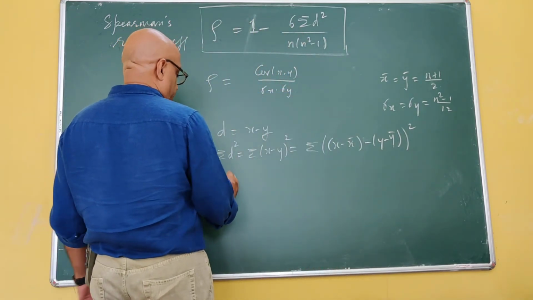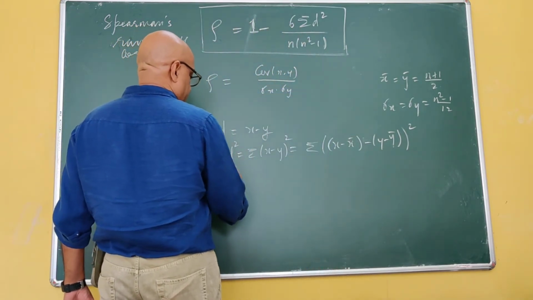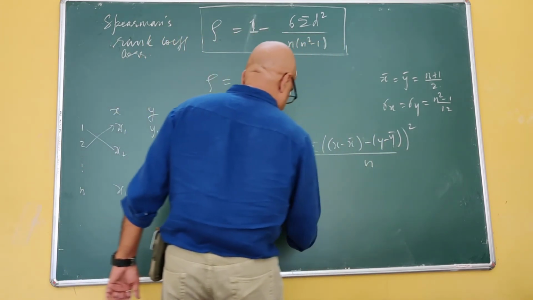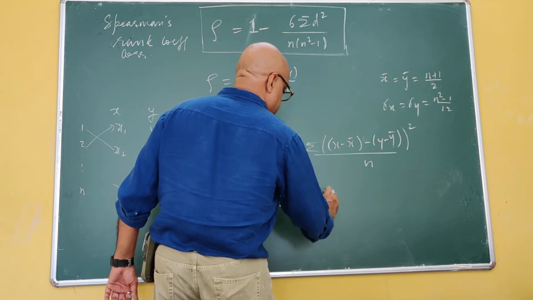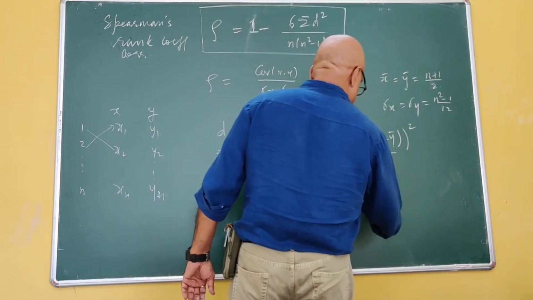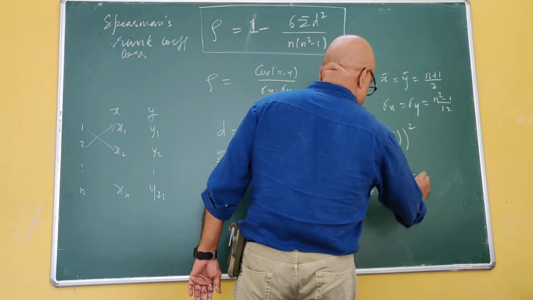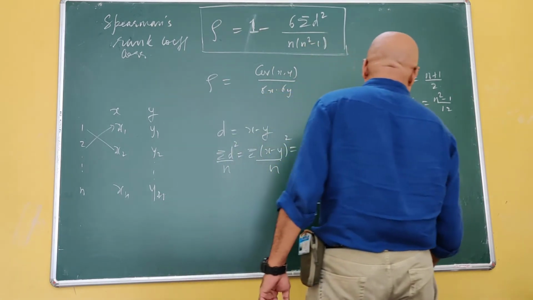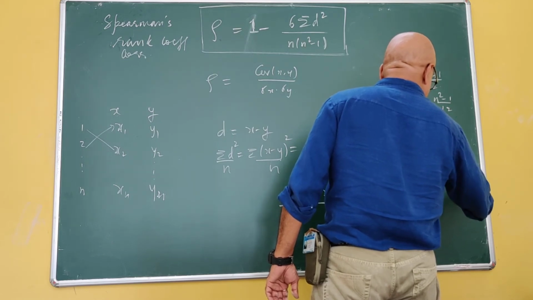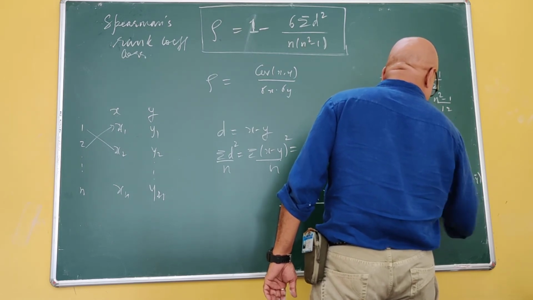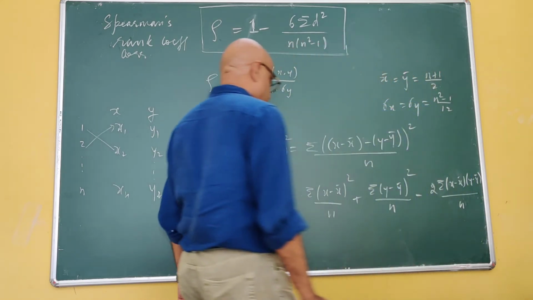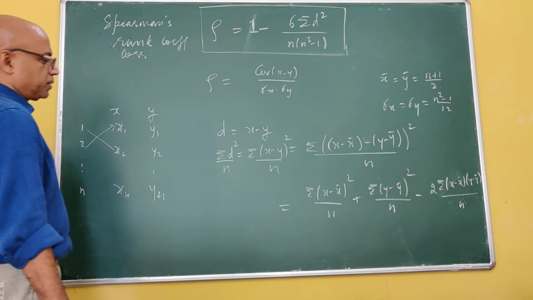Now, you divide by n. That further becomes summation x minus x bar square divided by n plus summation y minus y bar square divided by n, and you have minus 2 times summation x minus x bar into y minus y bar divided by n. Why should that be 2n? That's what you get.